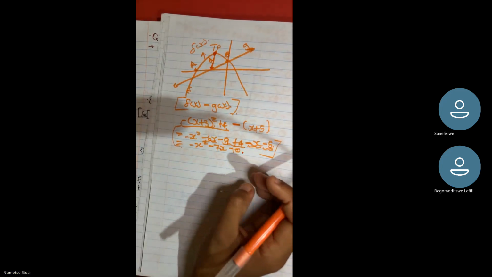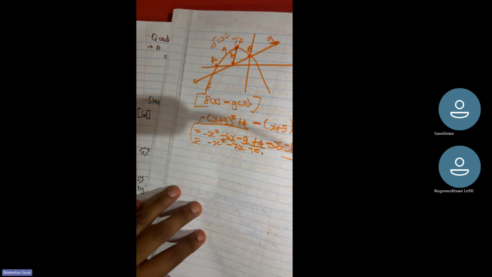But let's read the question. They're saying the maximum distance between F and G in the interval is K. If h of x equals g of x plus k, determine the equation of h in the form h of x. In order to get something at its maximum point, I'm going to give you a pro tip: at the maximum point, you have to find the derivative of that function.